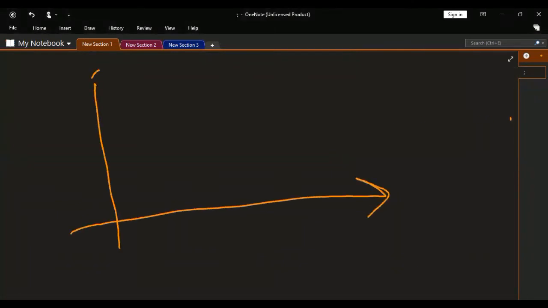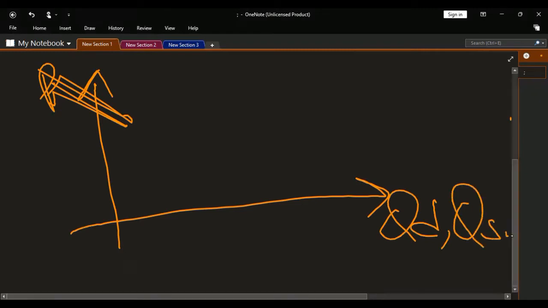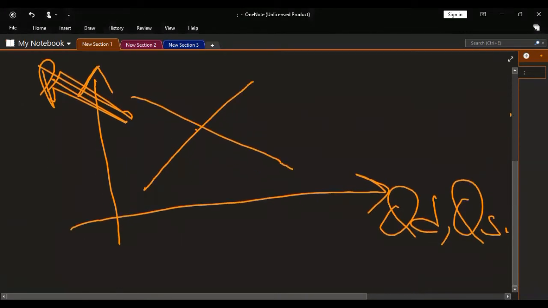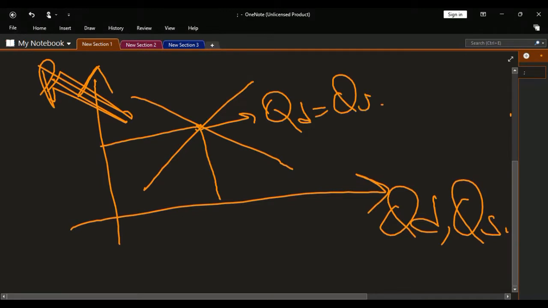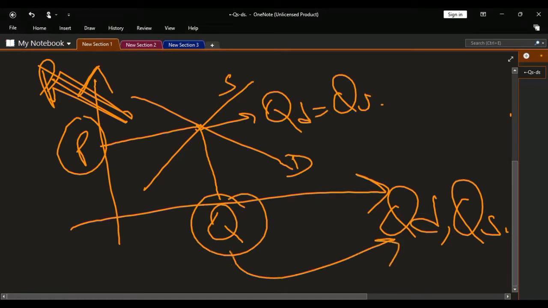Market equilibrium refers to a point or level where quantity demanded and quantity supplied are equal, a point of intersection at which quantity demanded and quantity supplied both are equal to each other. It is the price that will prevail in the market, and it will be the quantity that will be demanded and that will be supplied to the market.